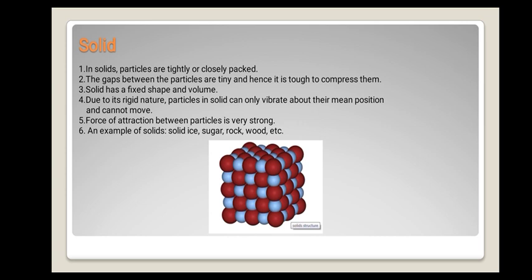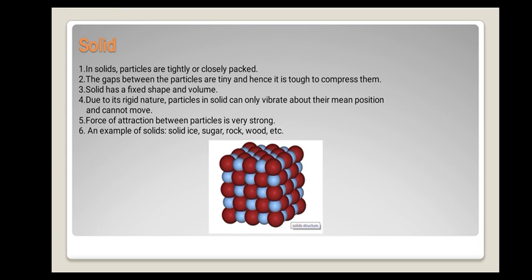Third one, solid has a fixed shape and volume, that we already know from our previous classes. Fourth one, due to its rigid nature, rigid means hard nature, that is solid nature, particles in a solid can only vibrate about their mean position and cannot move.